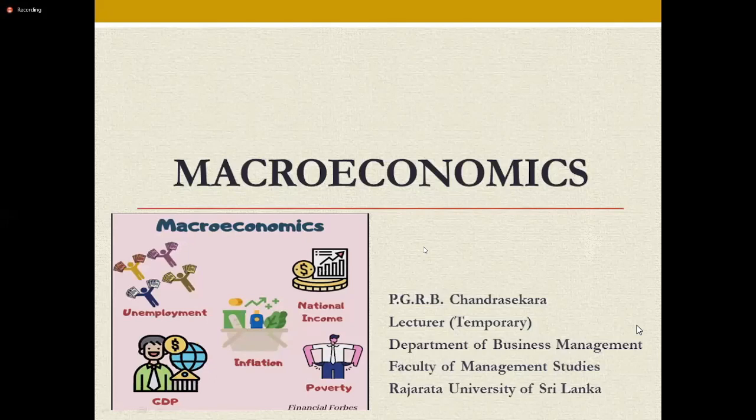Introduction to macroeconomics with some macroeconomic variables, giving knowledge on some macroeconomic variables which are essential to you, and then the national accounting, right? National accounting, and then sectors of economy. We call that income expenditure analysis. How you can identify different sectors by basing on income and expenditure, right? Those are the 5 topics that we are going to cover.